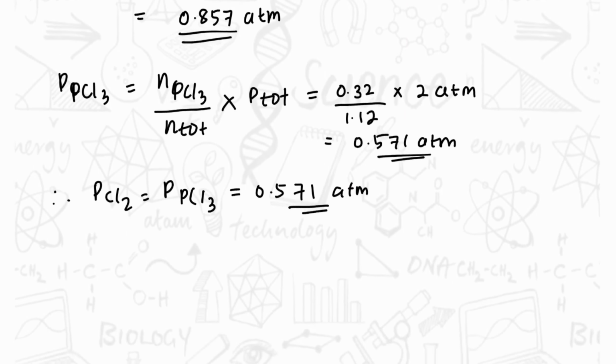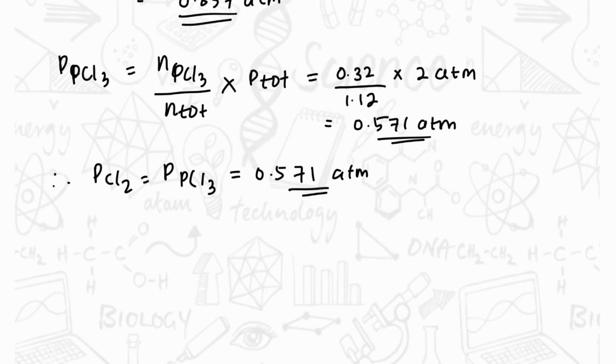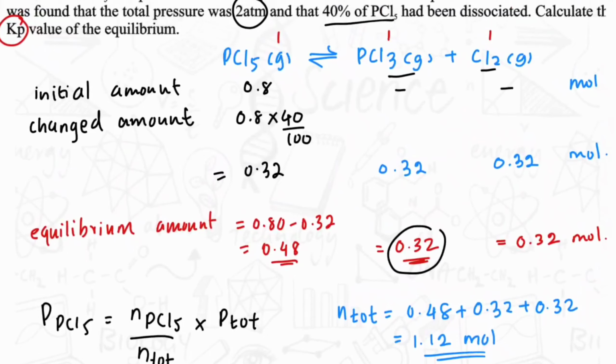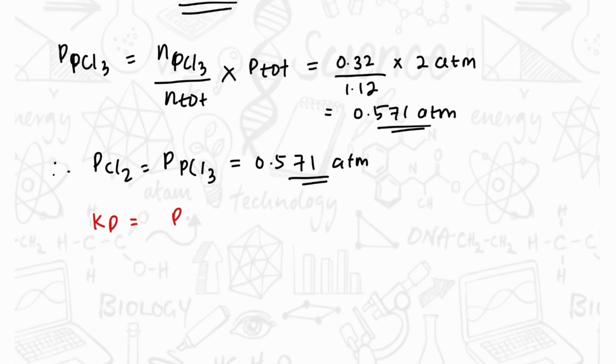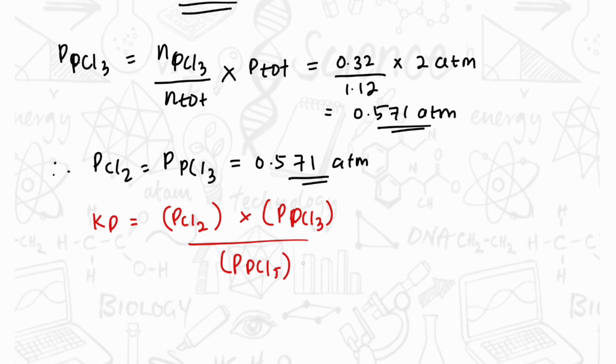Now we can find the value of the Kp of this equation. This should be partial pressure of Cl2 and partial pressure of PCl3 divided by the partial pressure of PCl5.